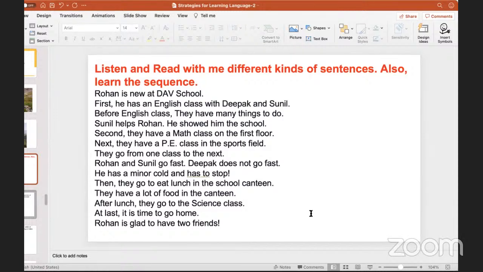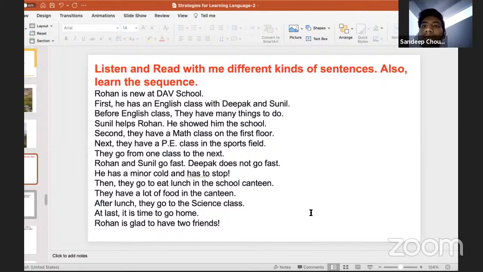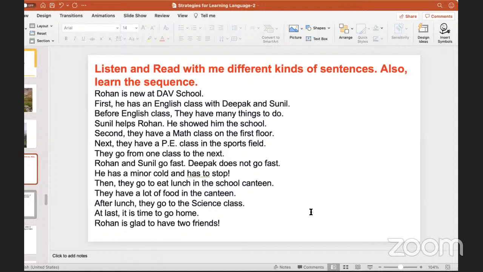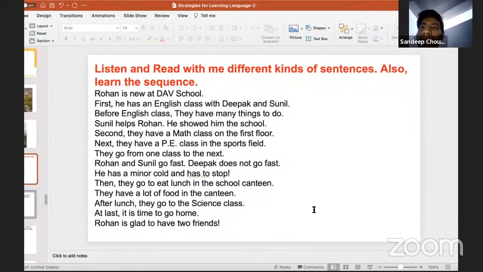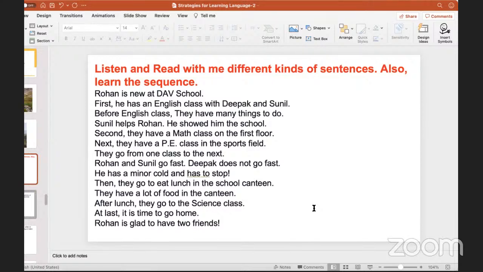Rohan is new at DAV school. First, he has an English class with Deepak and Sunil. Before English class, they have many things to do. Sunil helps Rohan. He showed him the school. Second, they have a math class on the first floor. Next, they have a PE class in the sports field. They go from one class to the next.